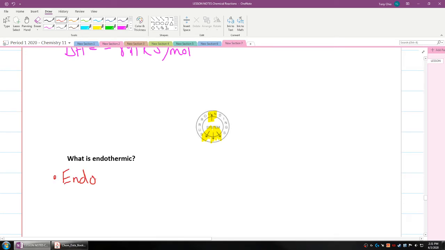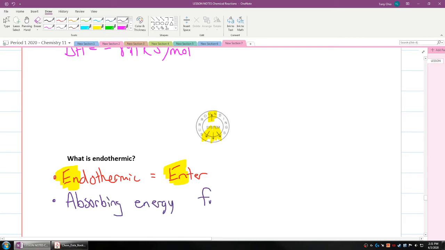So if I write this, endothermic equals enter. So now energy enters into the system from its surroundings. So in this case, you're now absorbing energy from surroundings.